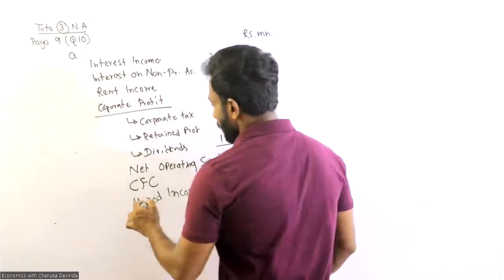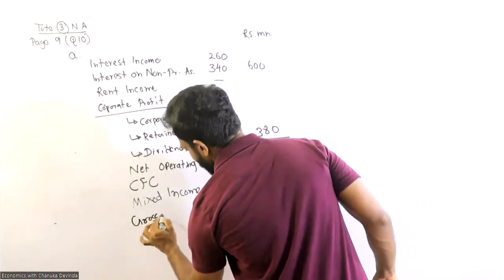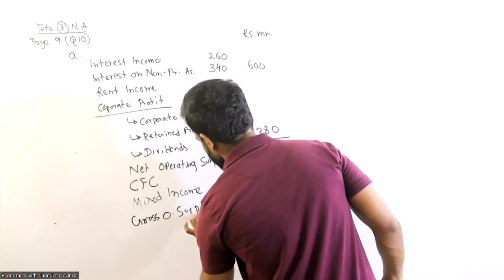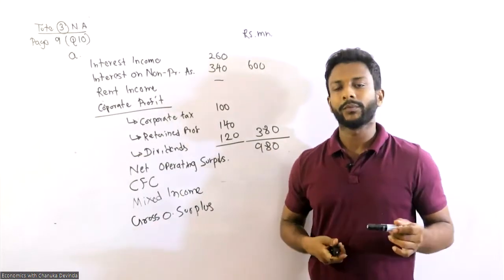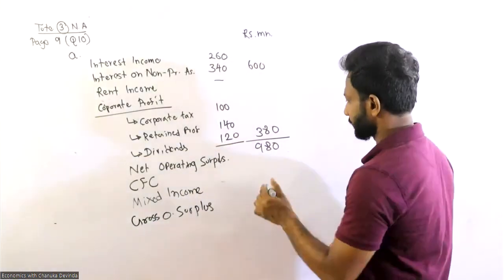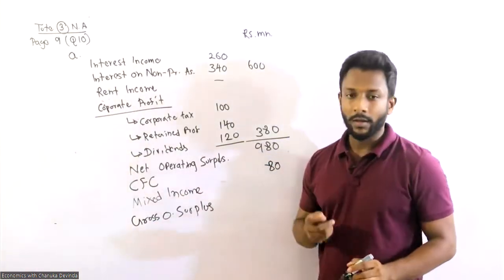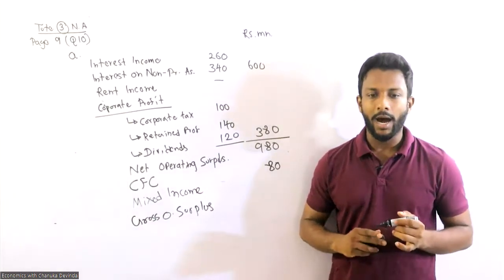So the final answer is gross operating surplus. What's the value of consumption of fixed capital? It is 80. And what's the value of mixed income? 160.